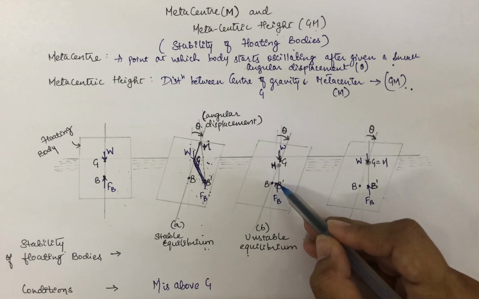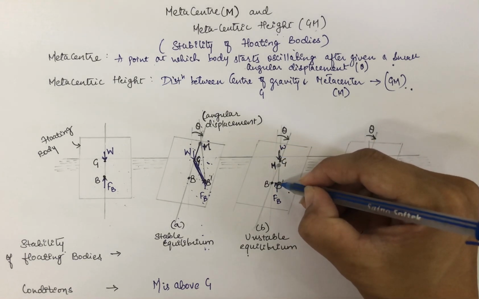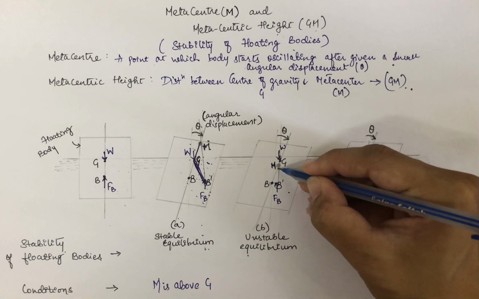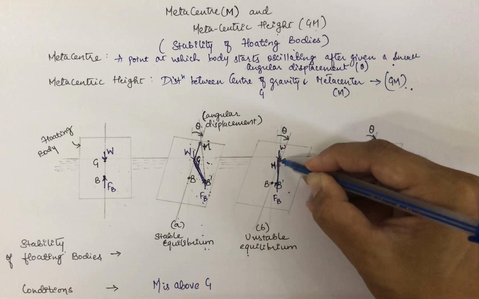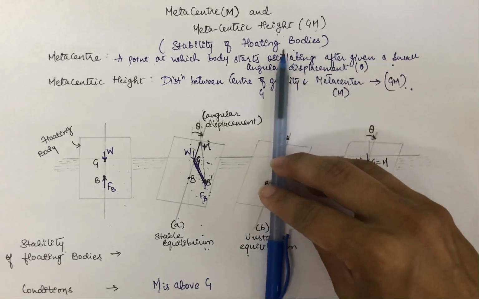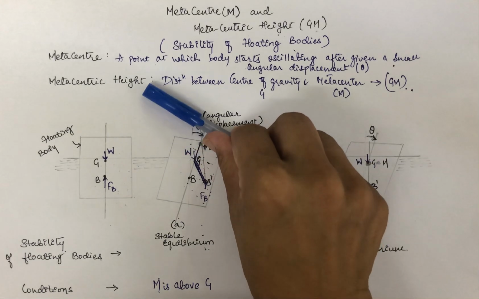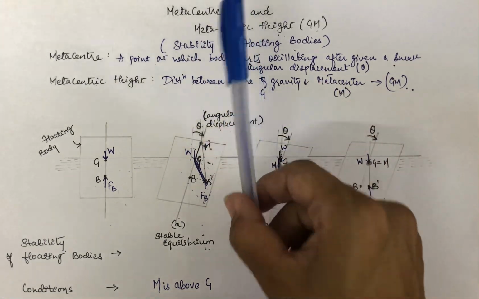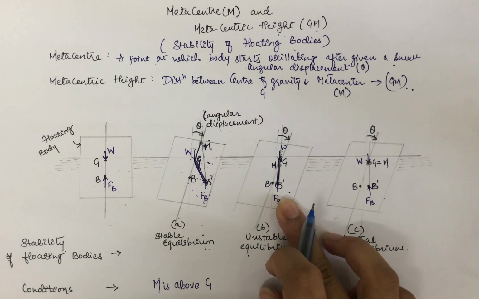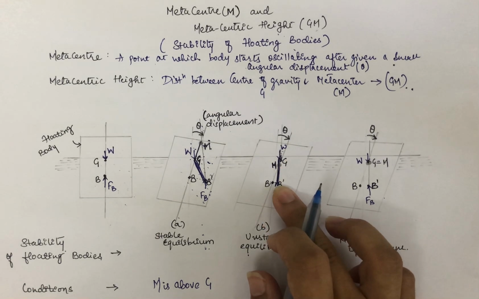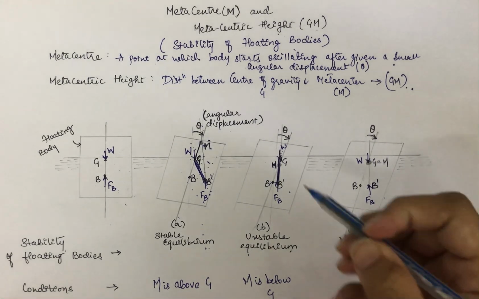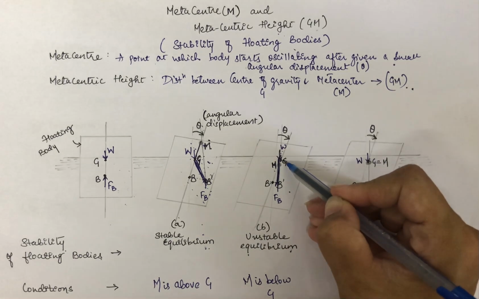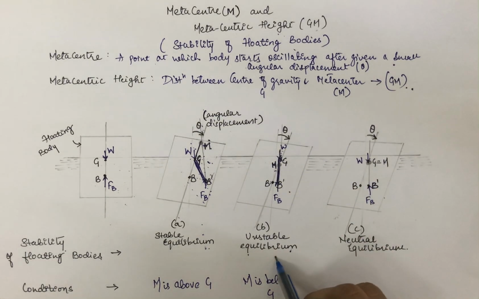The couple force which will be generated between the force of buoyancy and the weight of the body in the downward direction will tend to move the body in the clockwise direction, resulting in the unstable condition of equilibrium, or resulting in the submergence of the floating body. So here if M is below G, the body will become unstable. This is G, this is M. So G is above, M is below, so it is in unstable equilibrium.